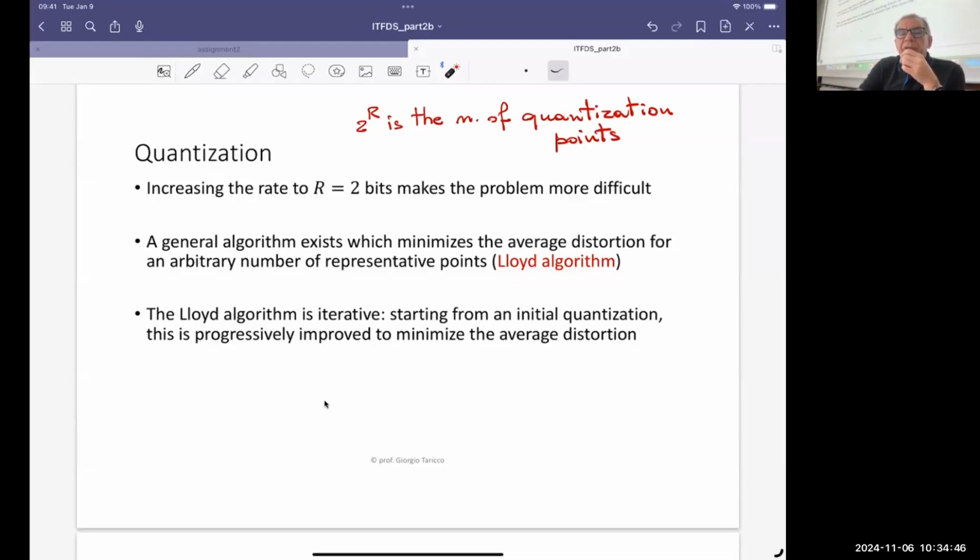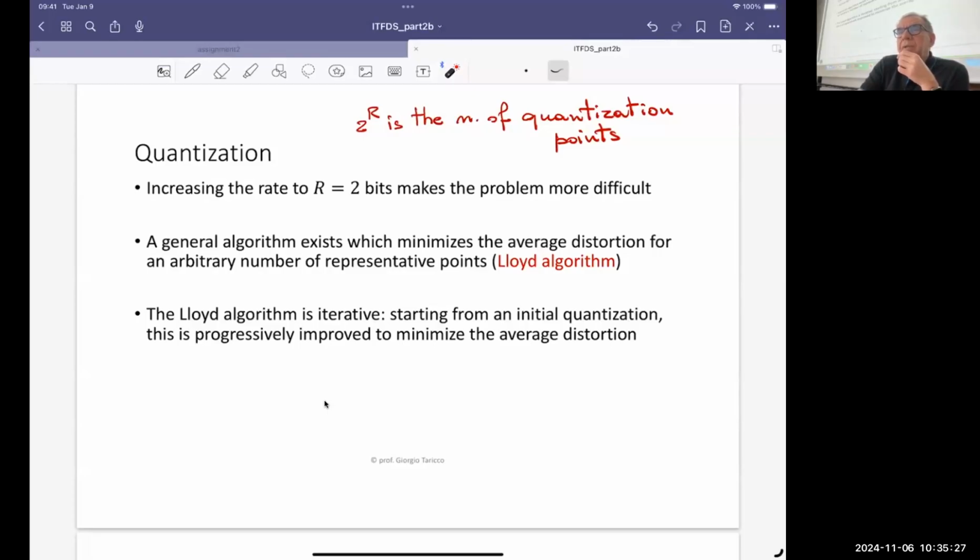This Lloyd-Max algorithm is used for one-dimensional quantization, and it's very stable and very effective. It is an iterative algorithm, so we have to repeat a number of calculations several times, and it starts from an initial set of quantization points that sometimes are chosen randomly.